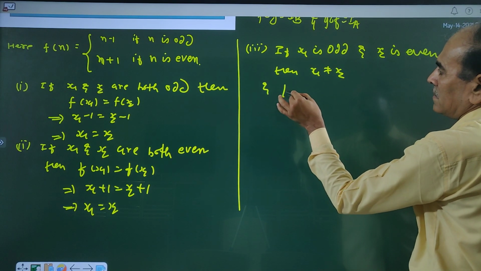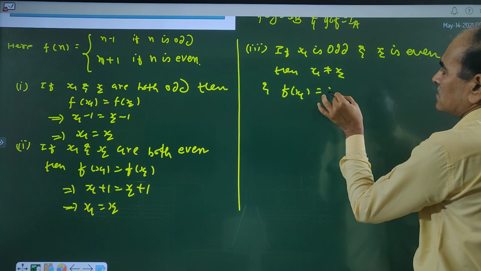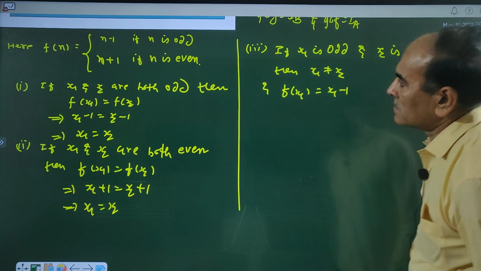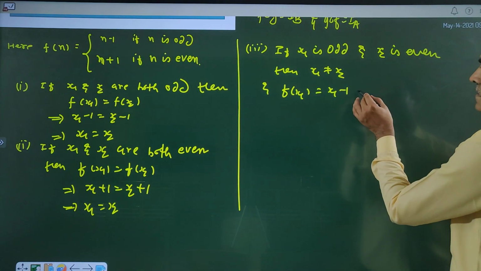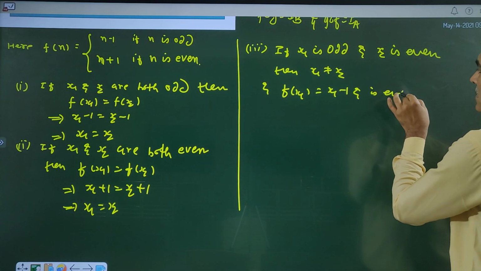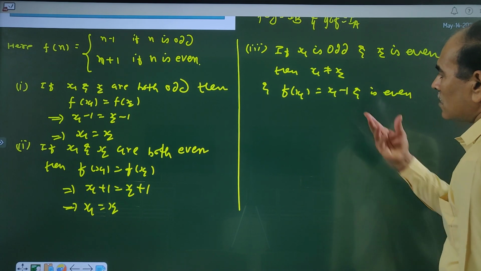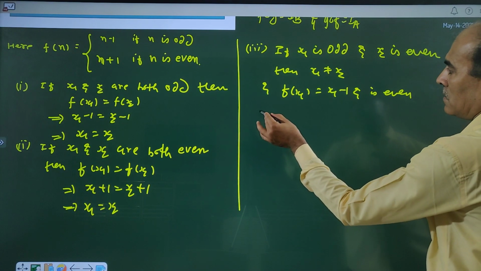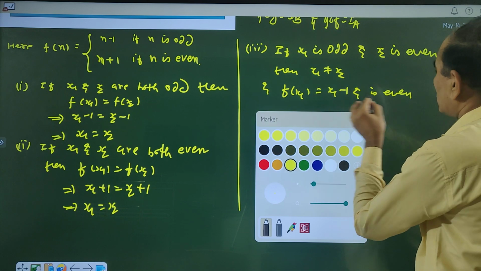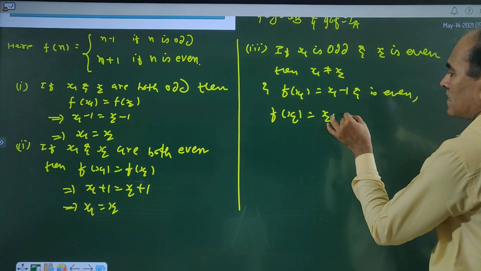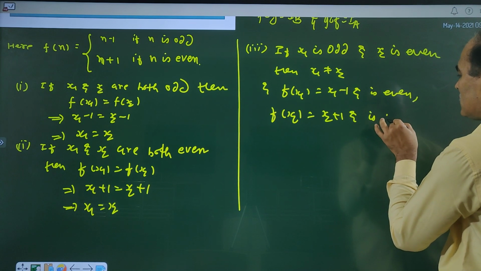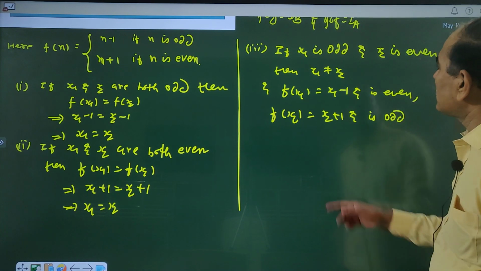And f of x1 is equal to x1 minus 1, because n is odd, and this is even, since odd minus 1 is even. F of x2 is equal to x2 plus 1, which is odd, because x2 is even.